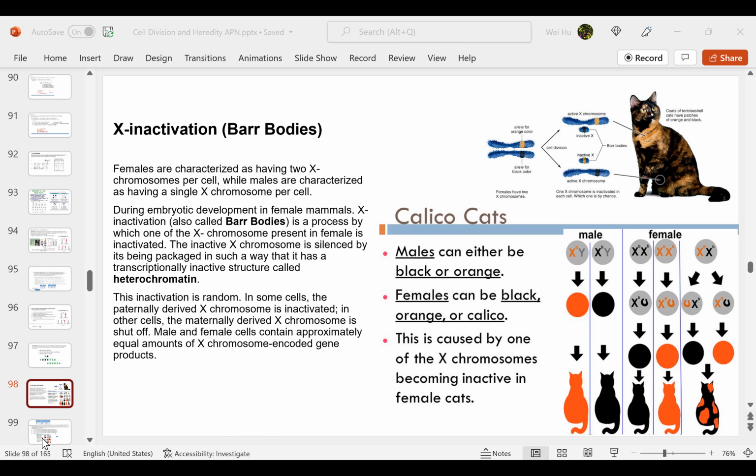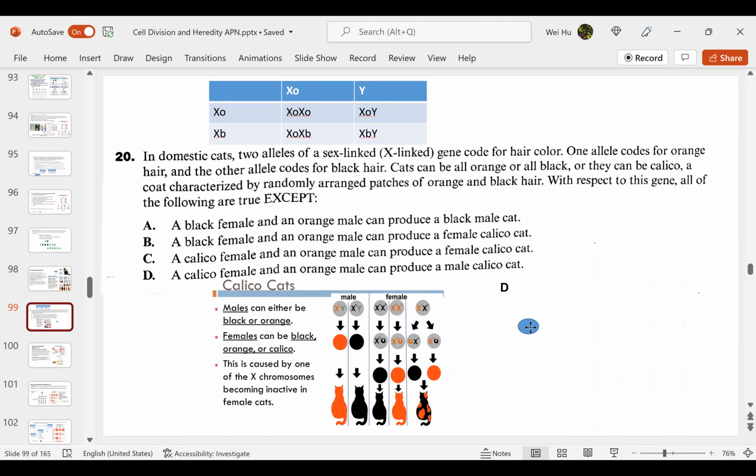Good. Now, let's do this question, please. Don't forget your Punnett square, okay? So do this question, please.